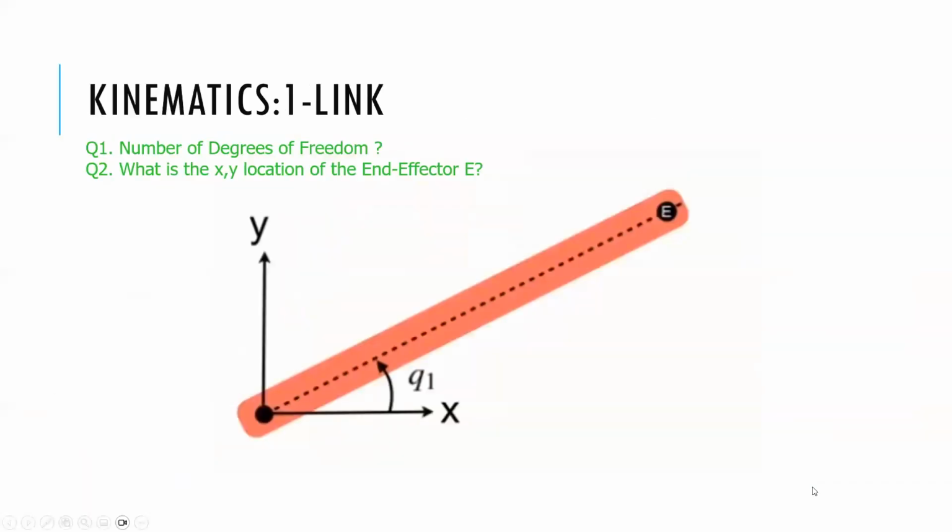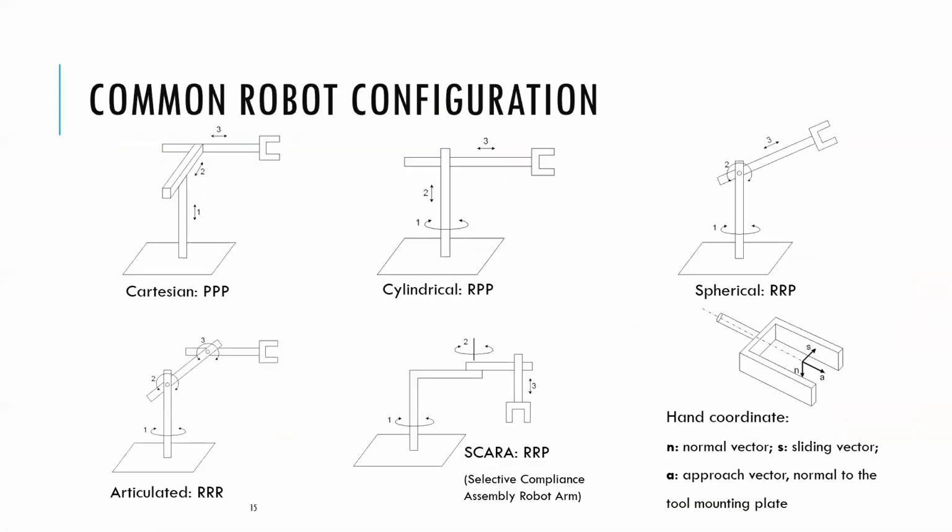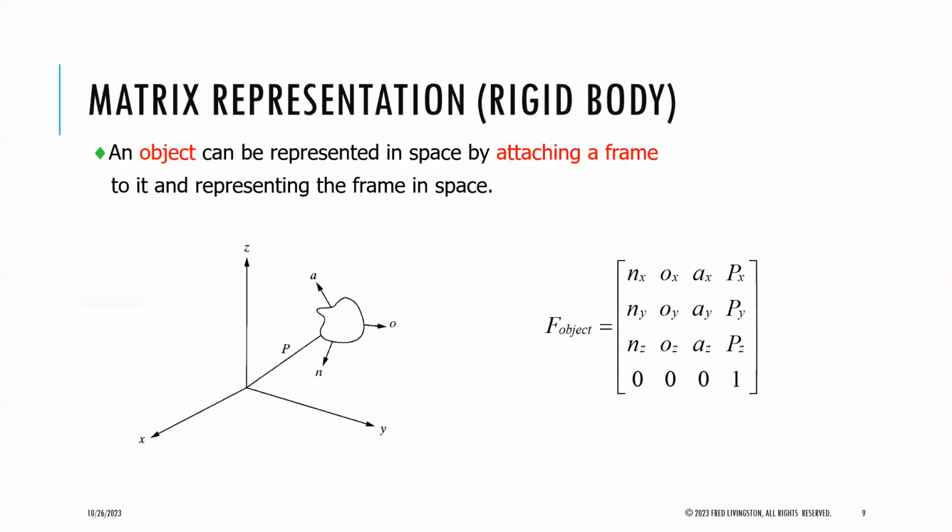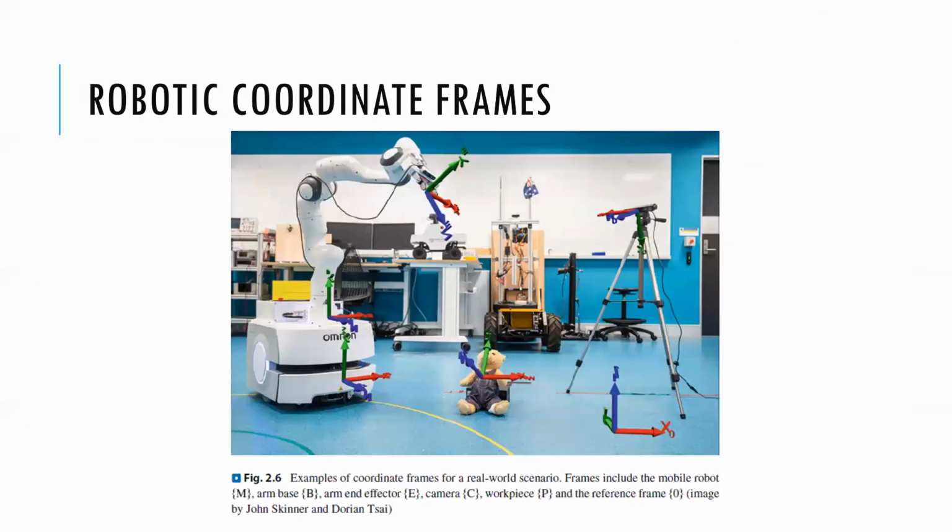Let me just rewind back just a little bit. So we started back with this picture here. I want to pick up this toy animal with my robot gripper. So I use the camera to figure out where this thing is located in the space.